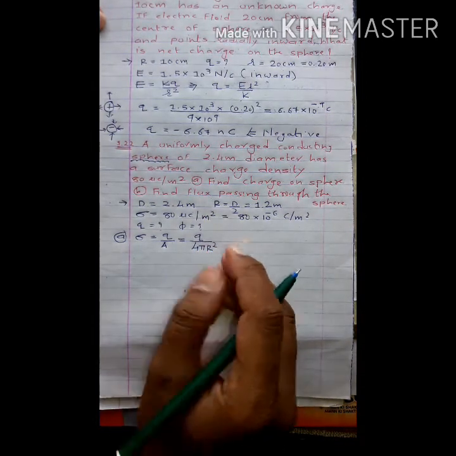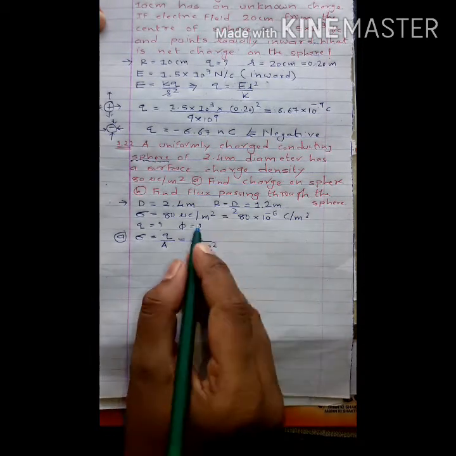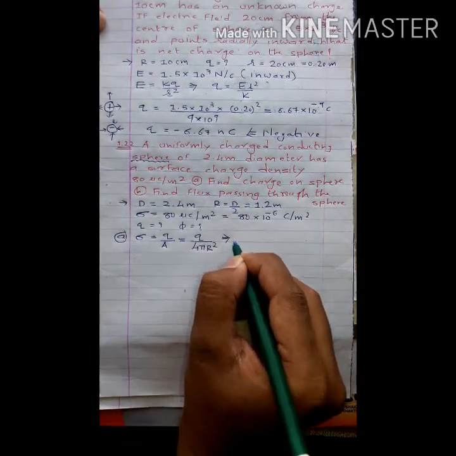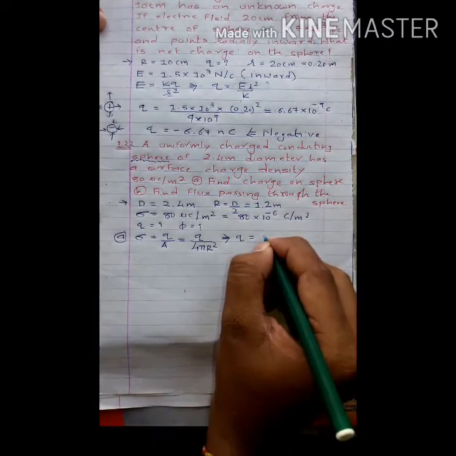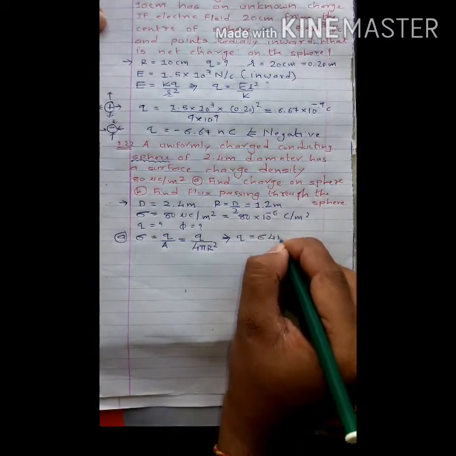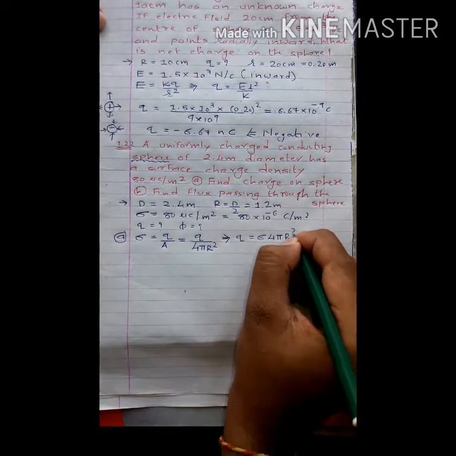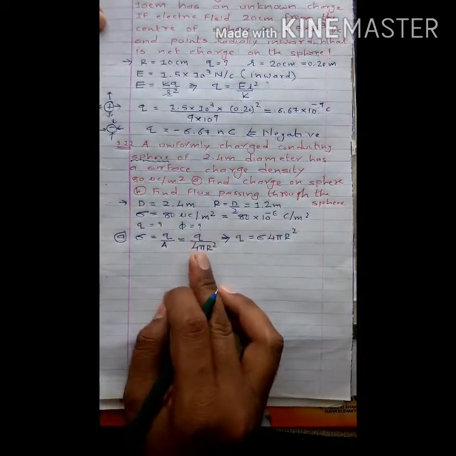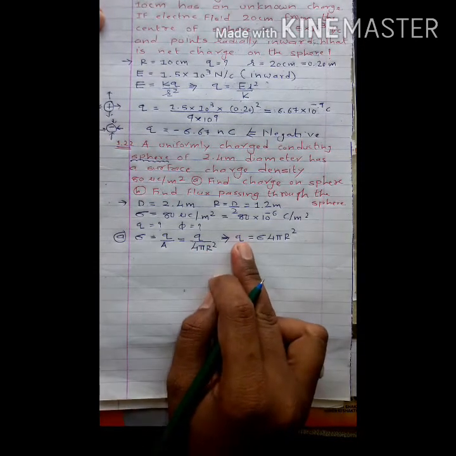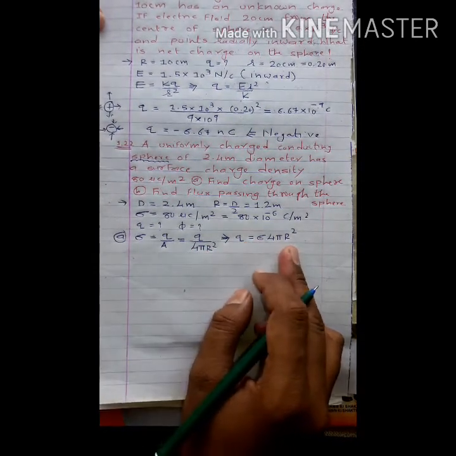We want the value of charge Q, so make the equation of Q: Q is equal to sigma into 4 pi r square.